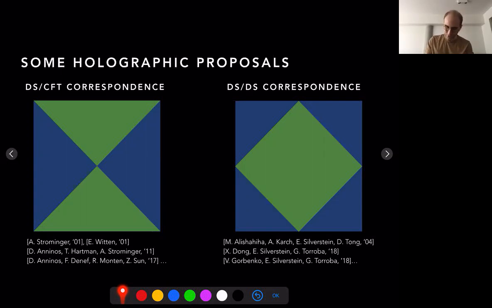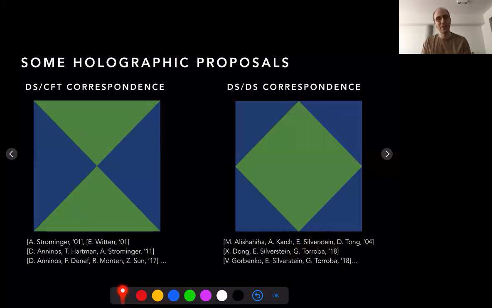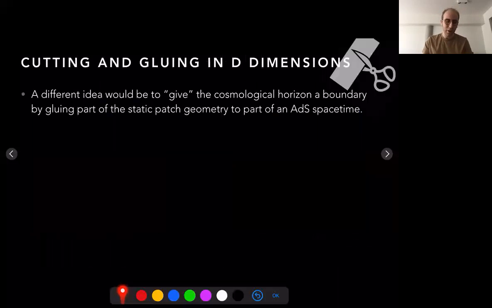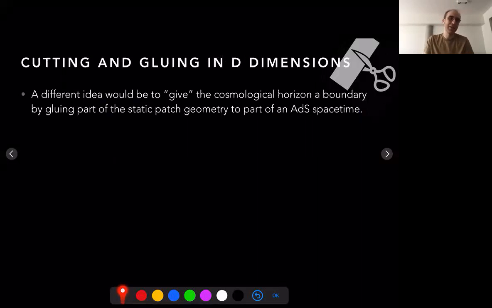And I put this just to remark that here is another of our members, Gonzalo Torroba in Bariloche. So if you are interested in that approach to de Sitter, you can go and ask him. I won't talk about either of these two. Instead, I will ask a slightly simpler question.